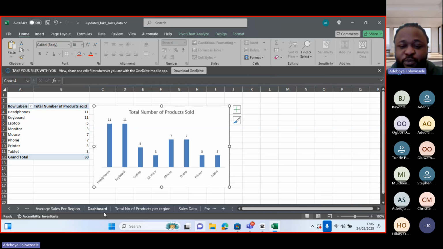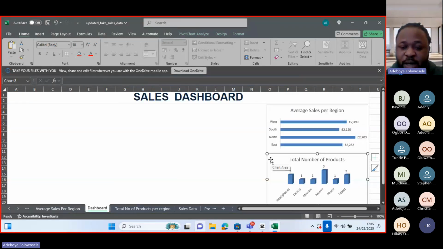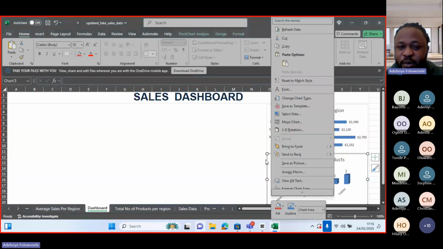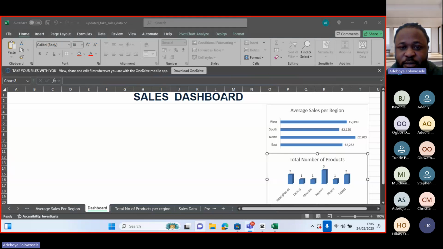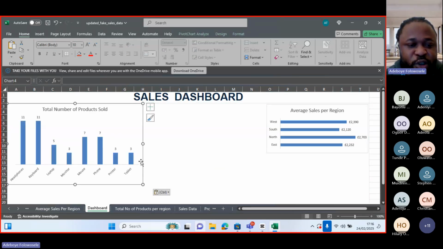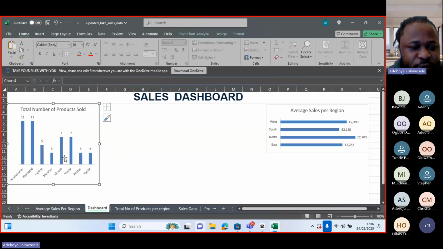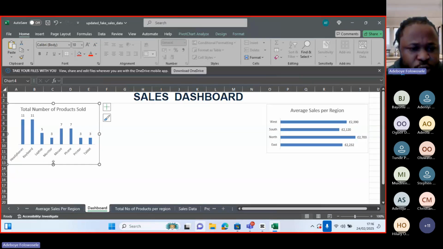I'm still going to bring, what's it called now? Let me delete this. I'm still going to bring a slicer here. So this is what we need. Total number of products sold.